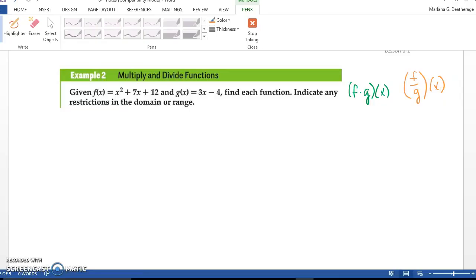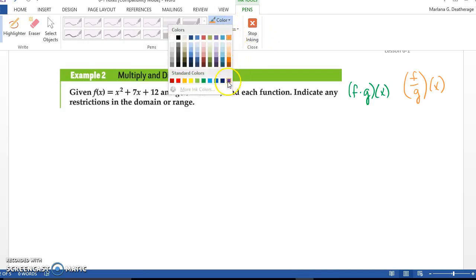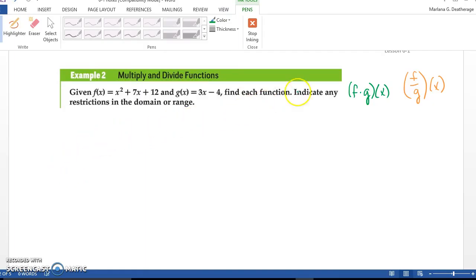Alright, so let's multiply first. So f times g of x just means take f of x and multiply by g of x. So what we have then is f of x, and we're going to need to put these in parentheses: x squared plus 7x plus 12, times g of x, 3x minus 4.